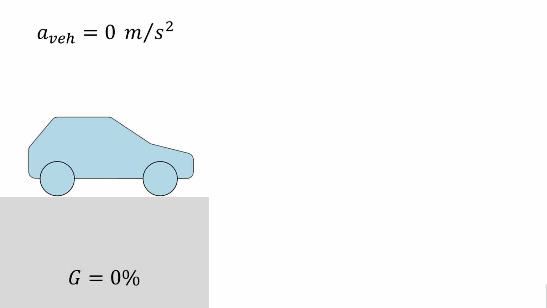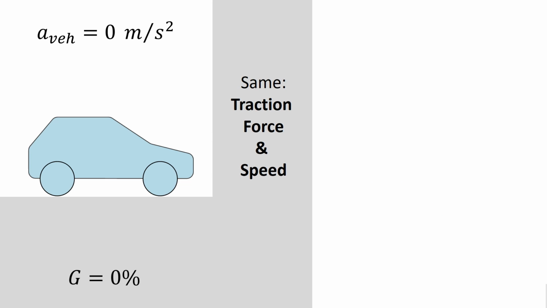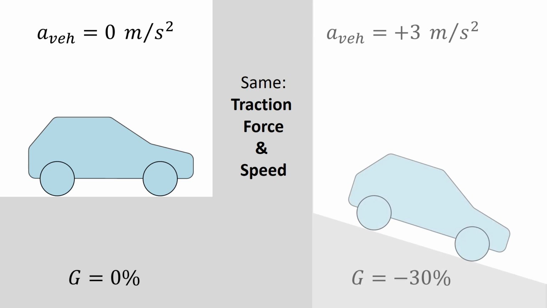Assume a vehicle has exactly the right traction force to drive at a constant speed on a flat road. What would happen with the vehicle if it was driving with the same traction force at the same speed but on a gradient?